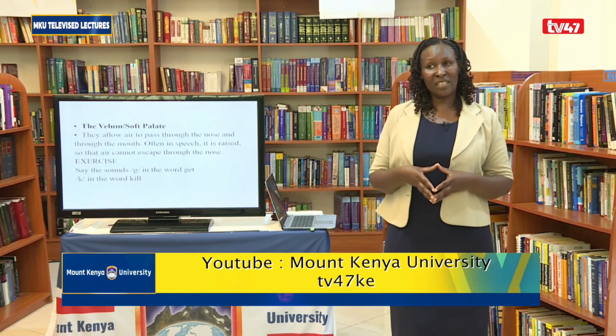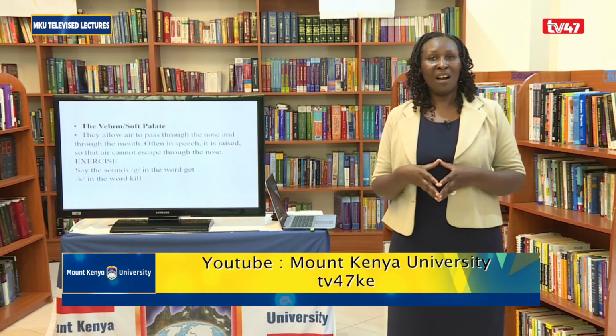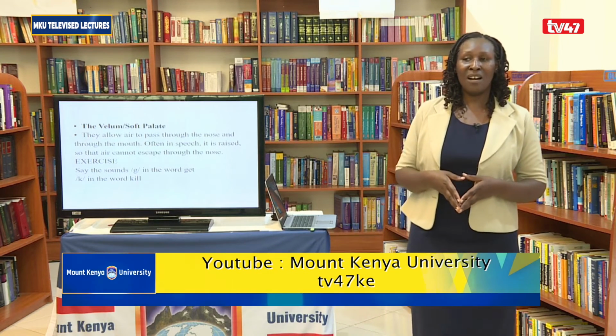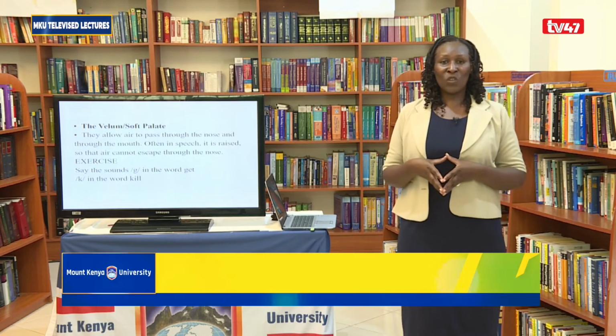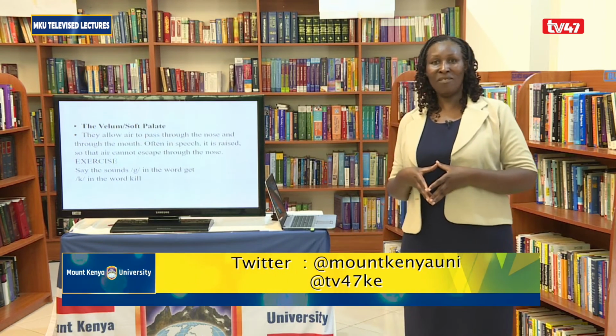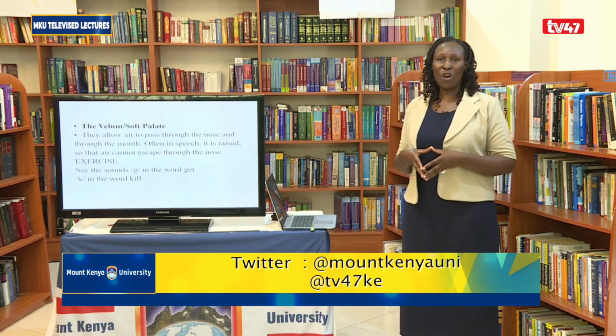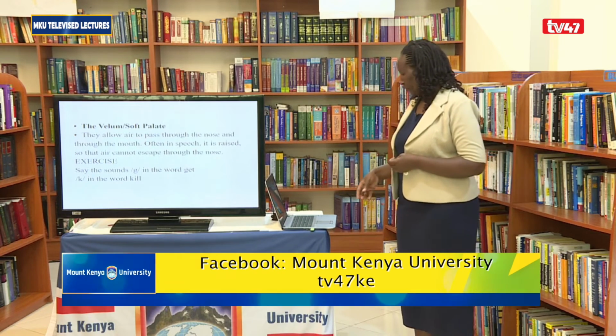You will notice that the two sounds G and K are produced in the same location. That is the velum or the soft palate. My students, you have to say these words to yourself loudly so that you can be able to identify where the sounds are produced.